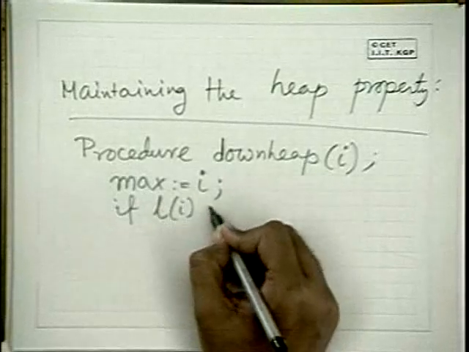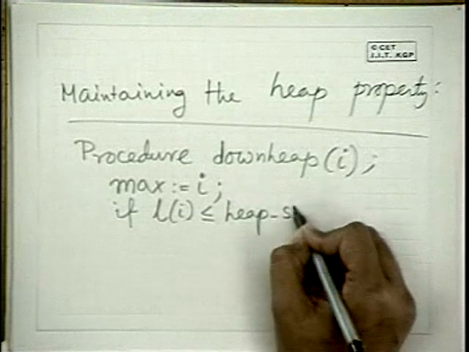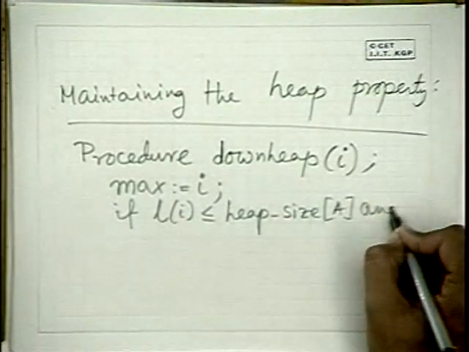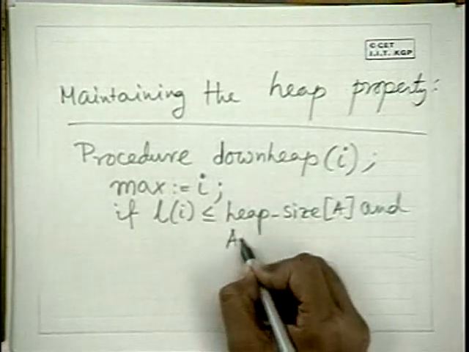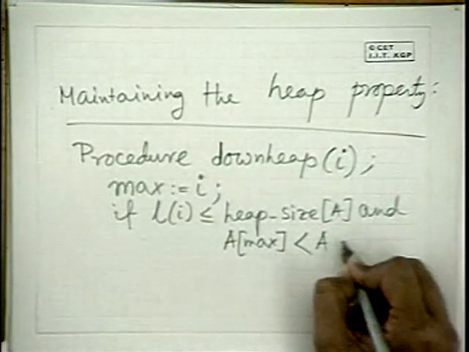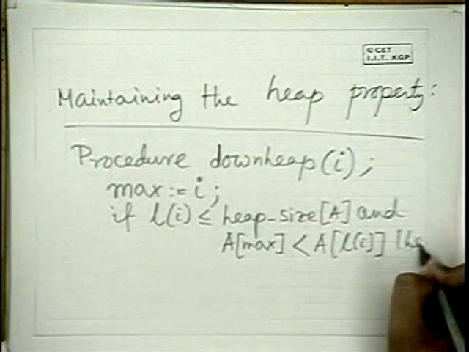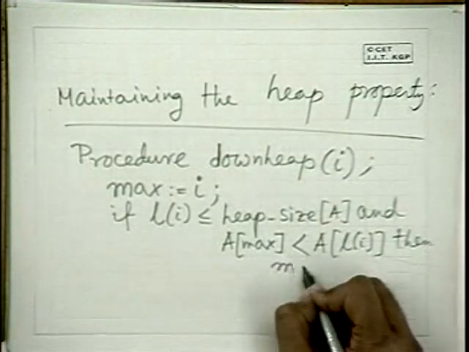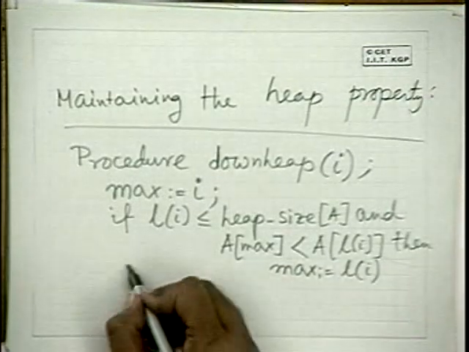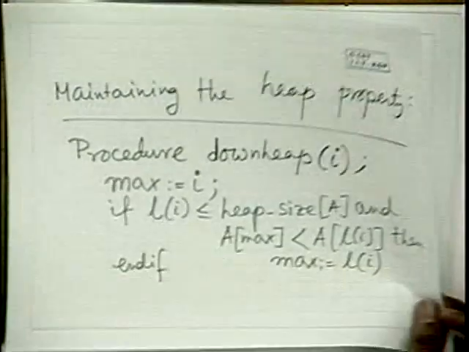If Li is less than or equal to heap size A, and A of max is less than A of Li, then max is equal to Li. This is the end if. So this is one part.